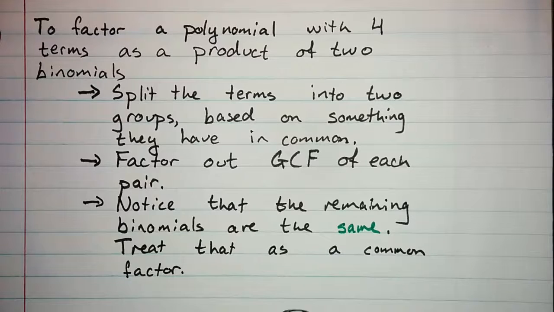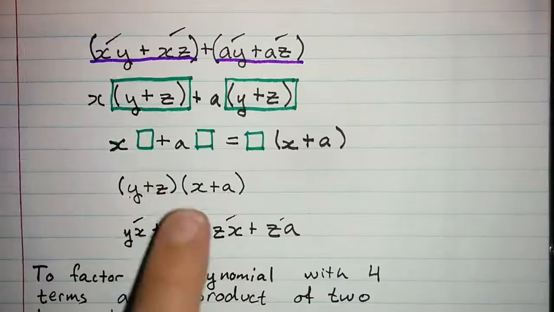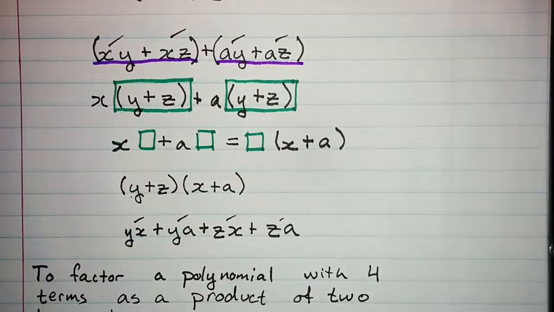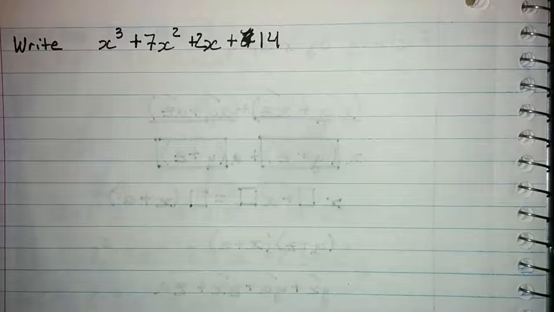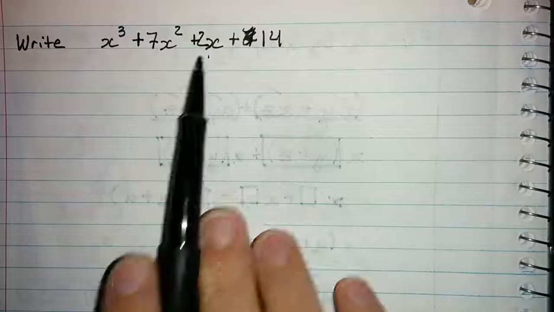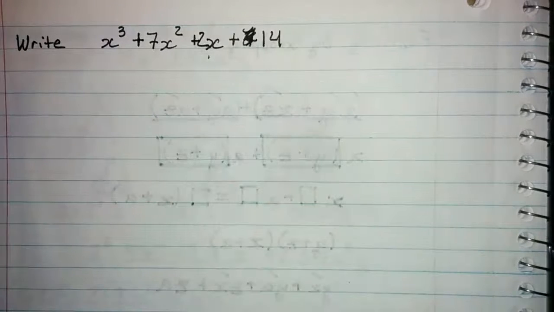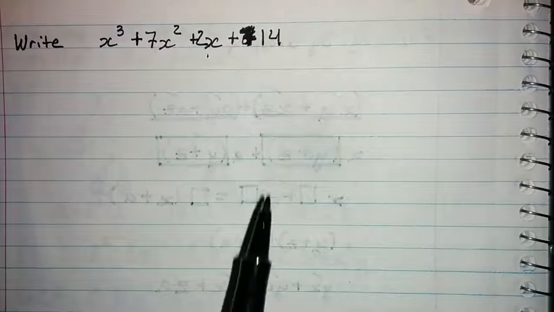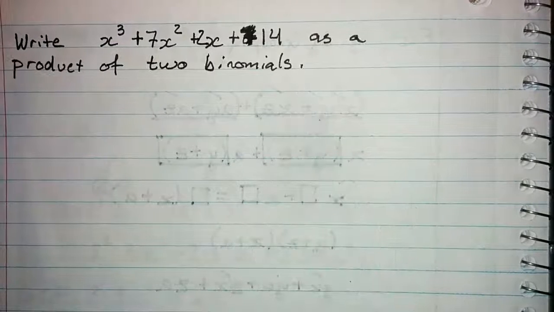Now, there's another way we could look at this, though. One that doesn't rely on making this move. We can think of this in terms of binomial multiplication. Let's suppose we want to write this polynomial, x cubed plus 7x squared plus 2x plus 14, as a product of two binomials.